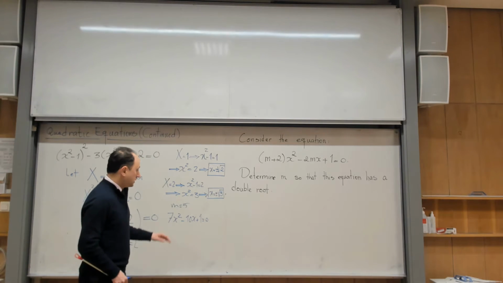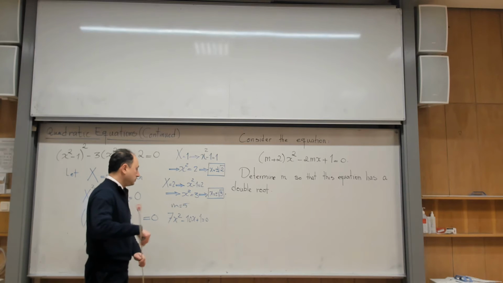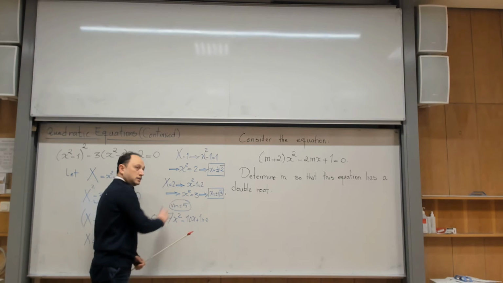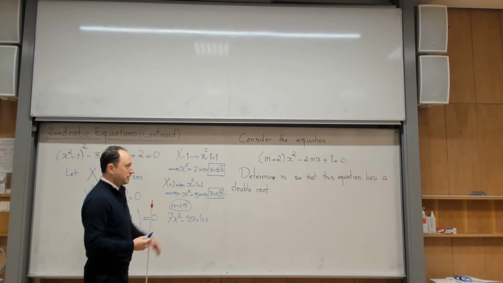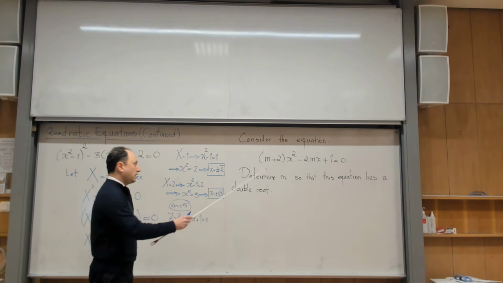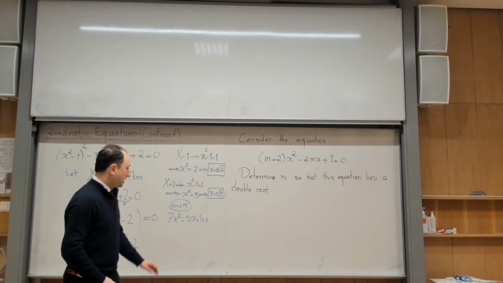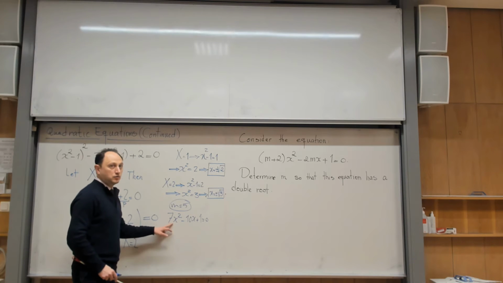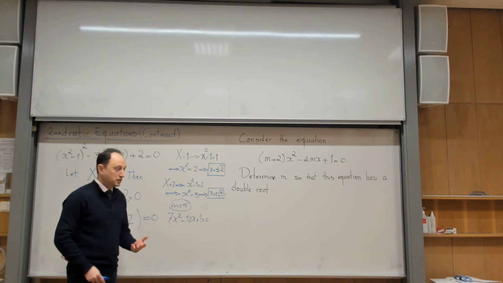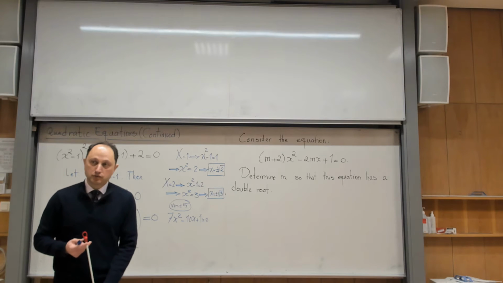So I want to fine-tune this parameter, not randomly, but in some systematic way, so that if I replace m with that particular value and generate a quadratic equation, that quadratic equation happens to have one double root.